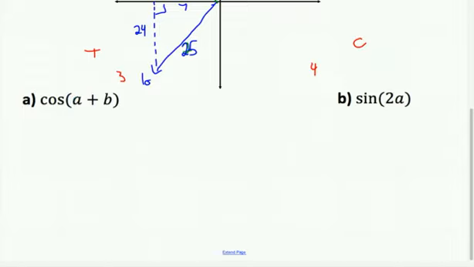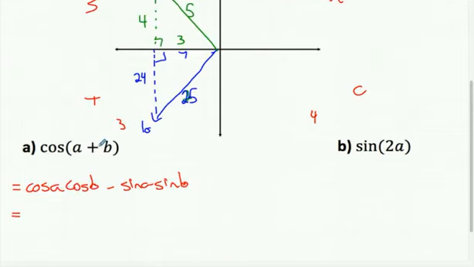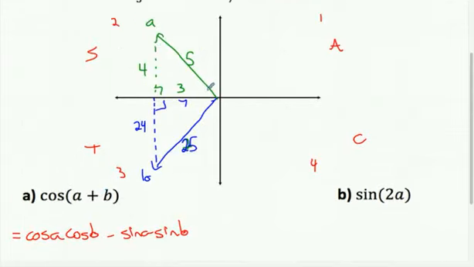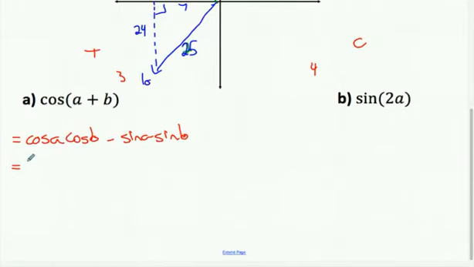So cosine of A plus B. Hopefully you remember the compound angle identity for cosine of the sum of two angles. It's equal to cos A cos B minus sin A sin B. So cosine of A, here's angle A, is negative 3 over 5, negative since we're in the sine quadrant.